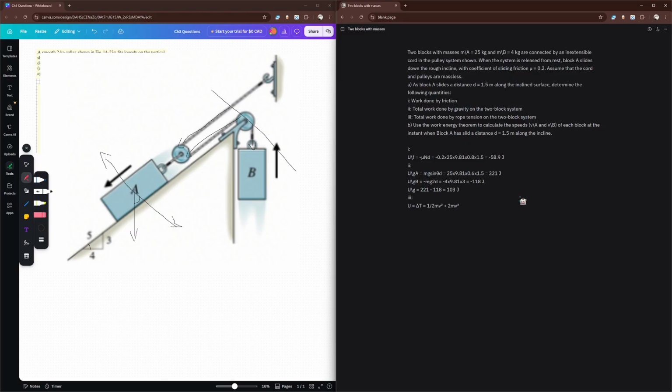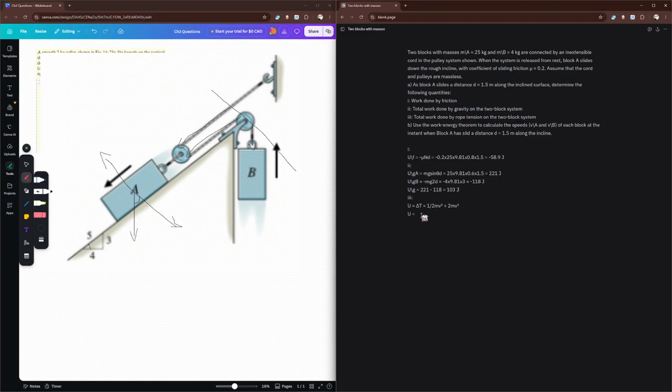So yeah, and then we're solving for this. So we get that u is equal to, in this case, and this is these two u's added together, by the way.